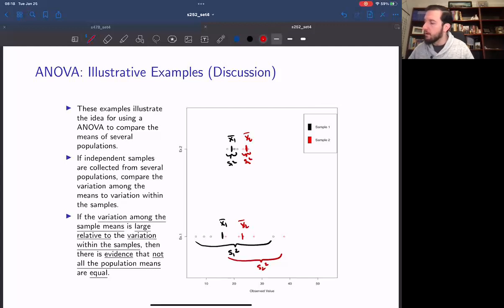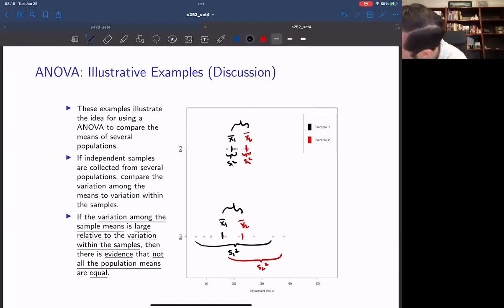All right. In order to determine how big or how small the within sample variation needs to be for us to say there is or is not a difference between the population means, we need to compare it to something. So we also define what is called between sample variation. So the between sample variation is essentially the variation between the sample means.